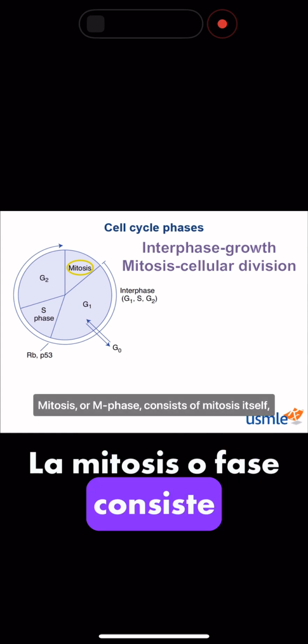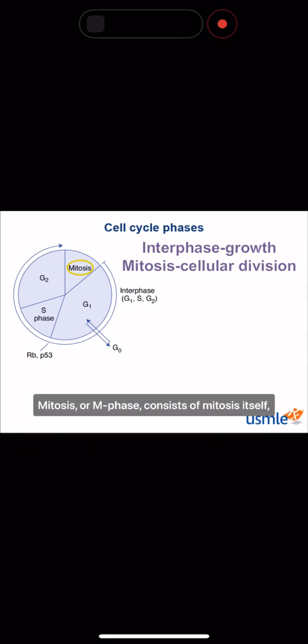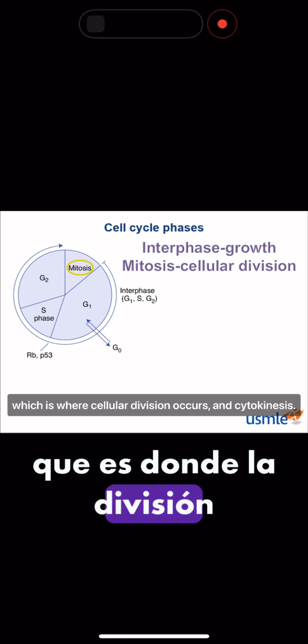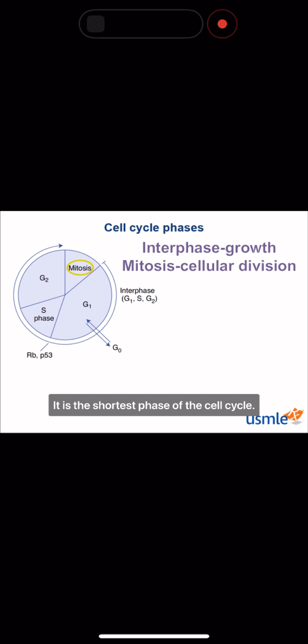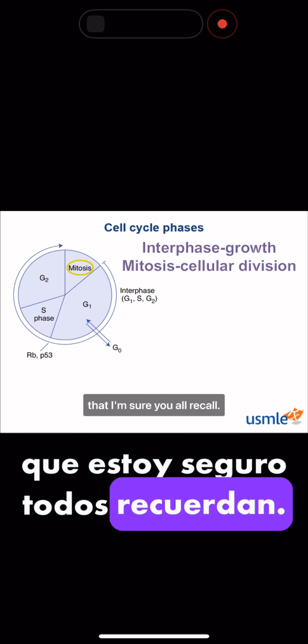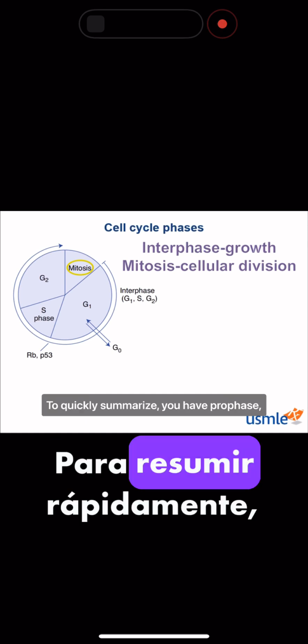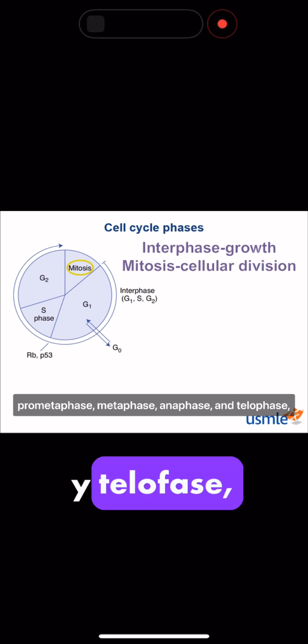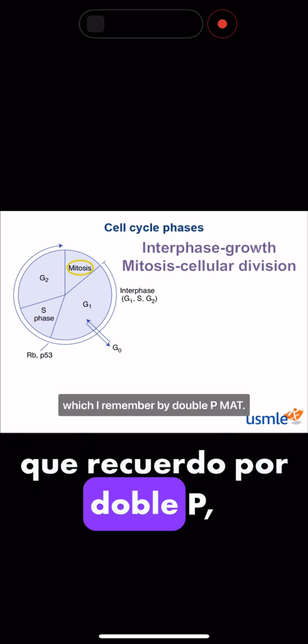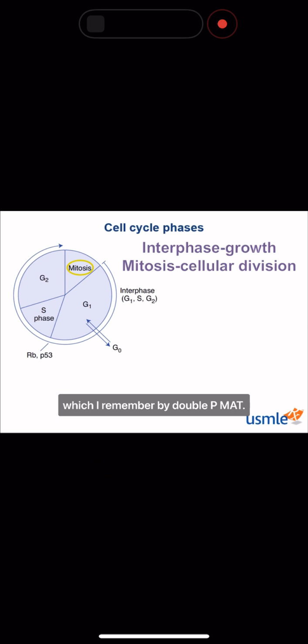Mitosis, or M phase, consists of mitosis itself, which is where cellular division occurs, and cytokinesis. It is the shortest phase of the cell cycle. Mitosis has a few different components that I'm sure you all recall. To quickly summarize, you have prophase, prometaphase, metaphase, anaphase, and telophase, which I remember by double P MAT.